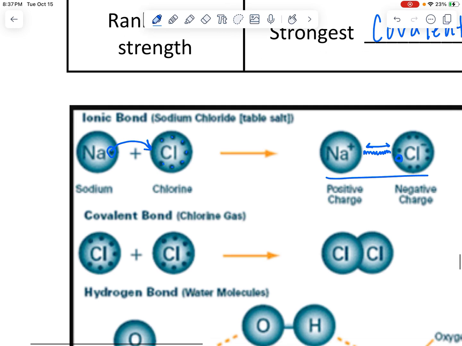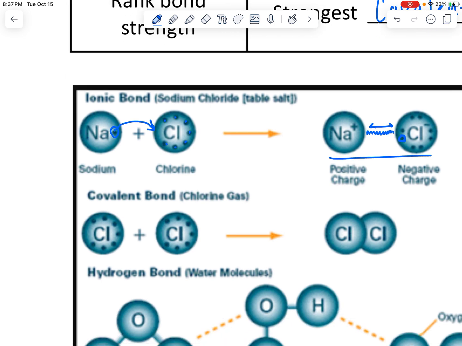Okay. Covalent bonds, neither of these really want to give up electrons, but what they can do is they can share electrons, and at any given moment, either of them would then have 8. So they can't donate them, because then they would each be giving up 1, they'd be down to 6.